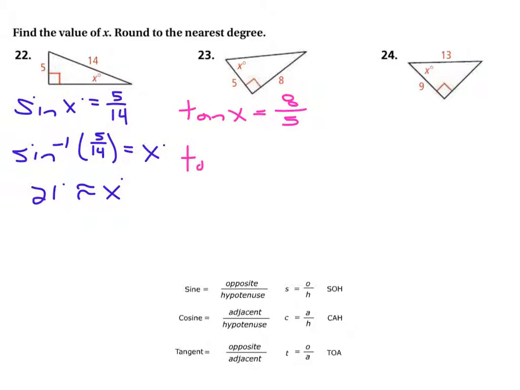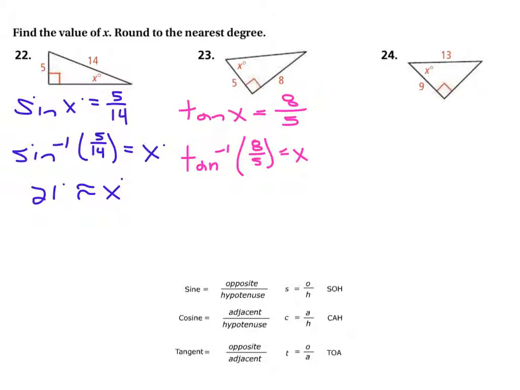If we wanted to solve it, we would say inverse tangent of the ratio, 8 over 5, equals x. How do we type it in the calculator? You hit the second button. Then you hit tangent, and it should read inverse tan, or tan -1 parentheses, right?